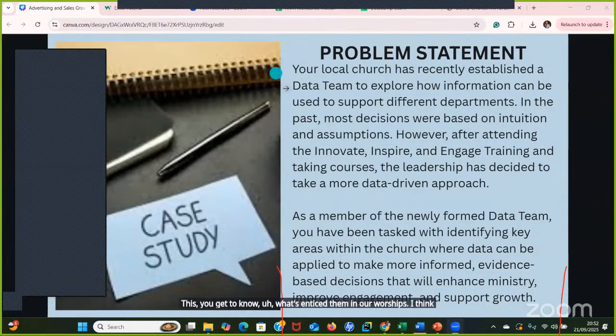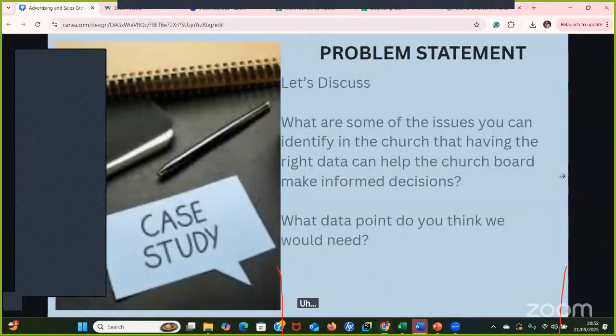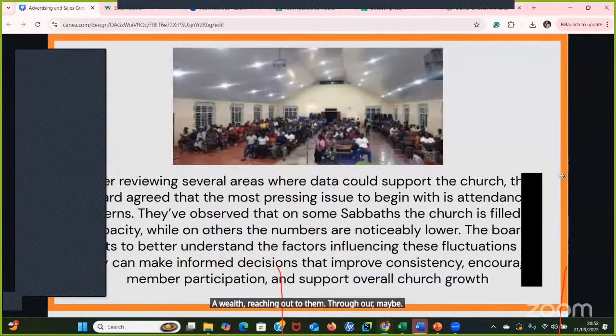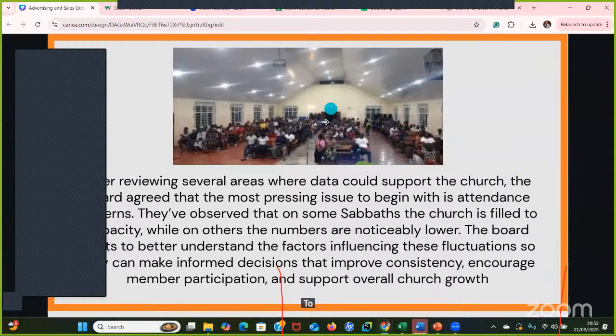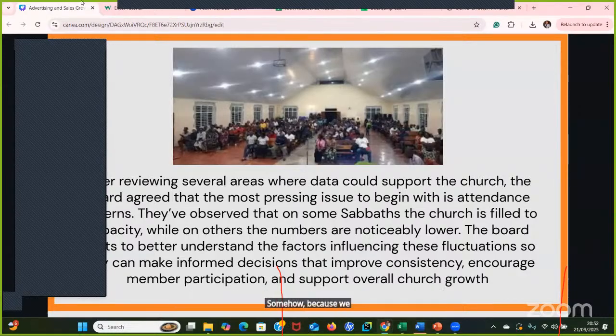From there we can also get a way of reaching out to them through our personal ministry, chaplaincy, to also talk to them. And from there, we reduce even the cost we spend in evangelism somehow, because we have already done a background work from the members we get from church.